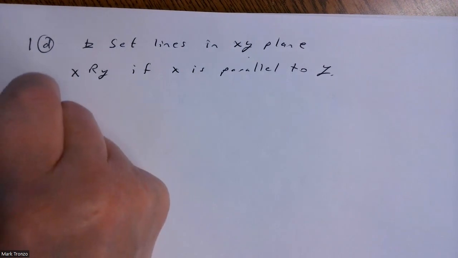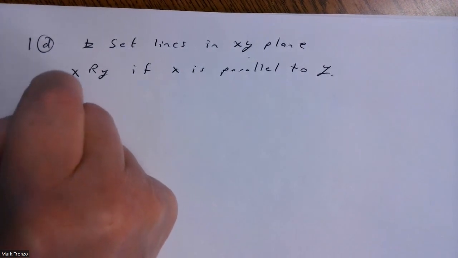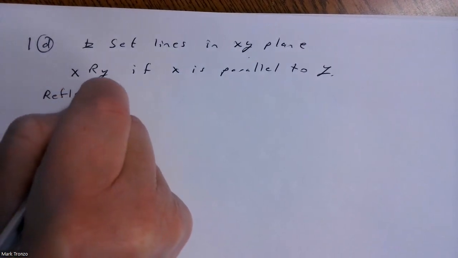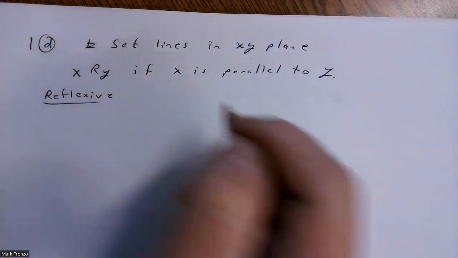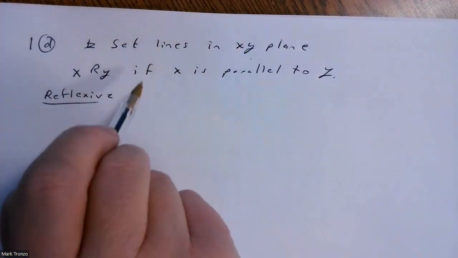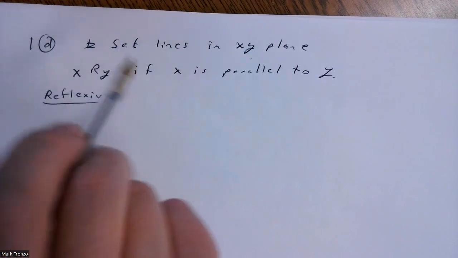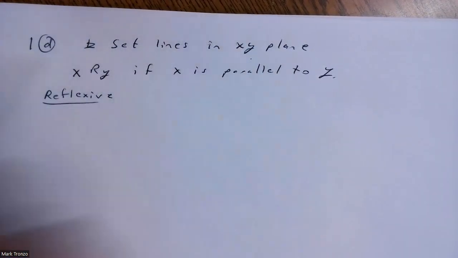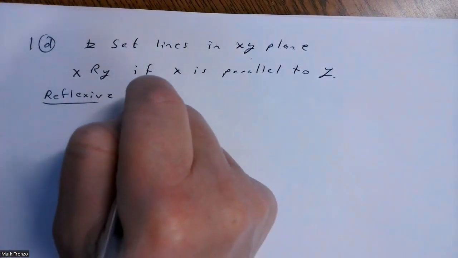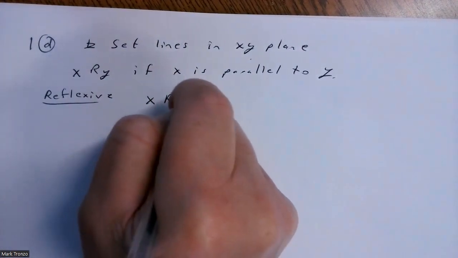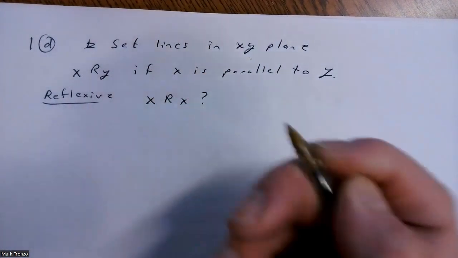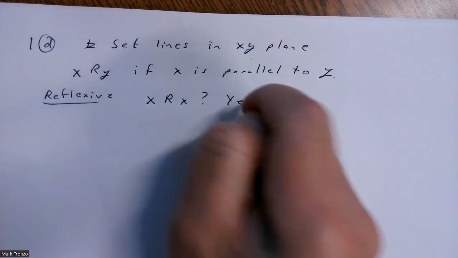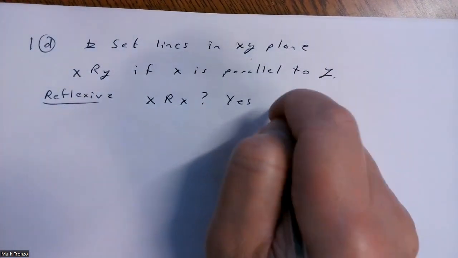So let's go through reflexive. These represent lines. So for reflexive, the question is, is X related to X? And of course the answer is yes, because any line is parallel to itself.